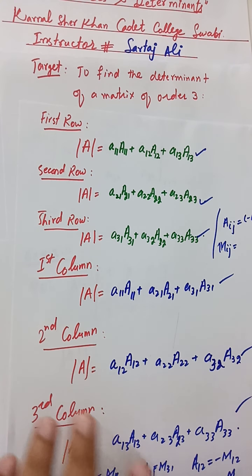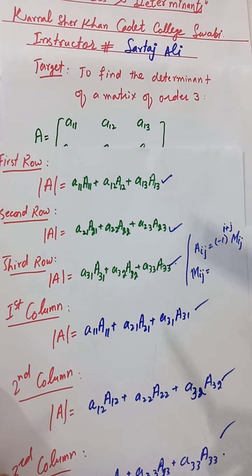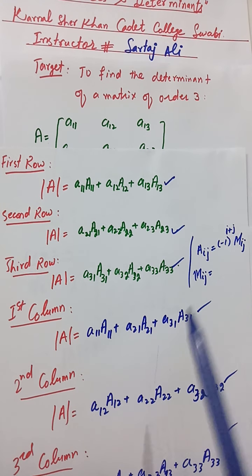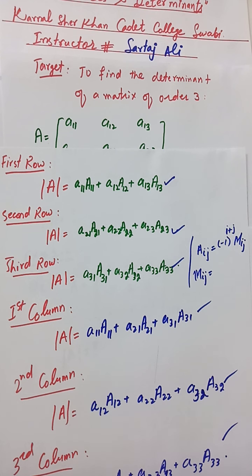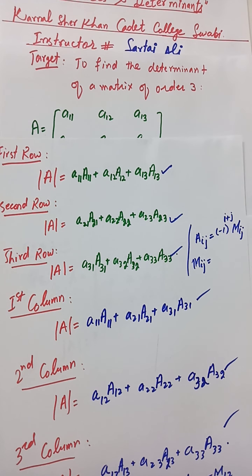make the calculation easy. Remember that for easier calculation, we expand the determinant along that row or that column which contains the maximum number of zeros. In each formula the elements of that row or column are multiplied with the cofactors, and there is addition.